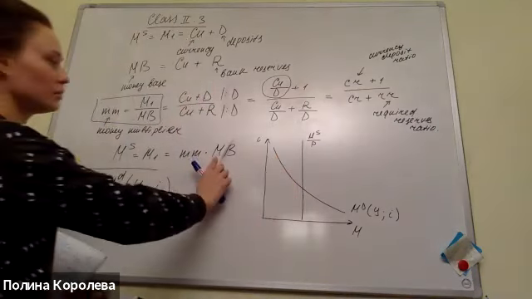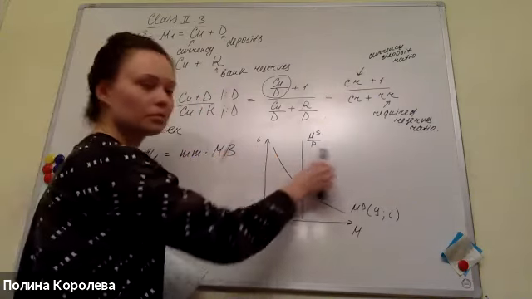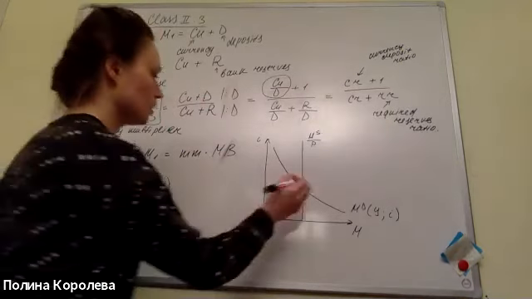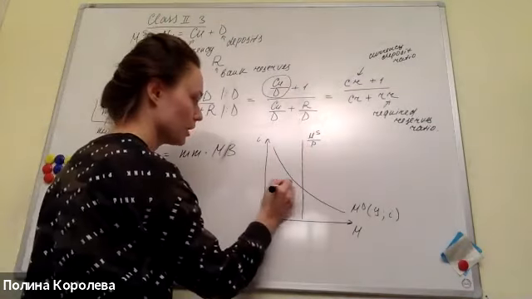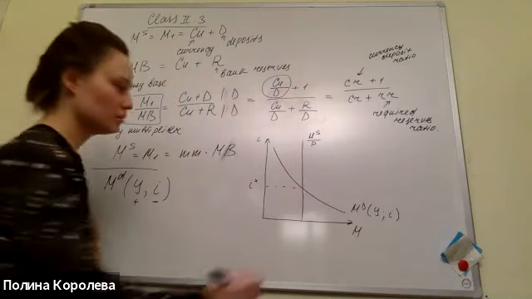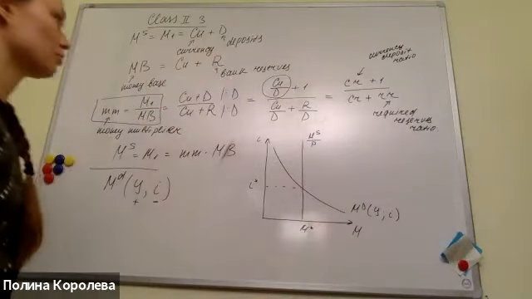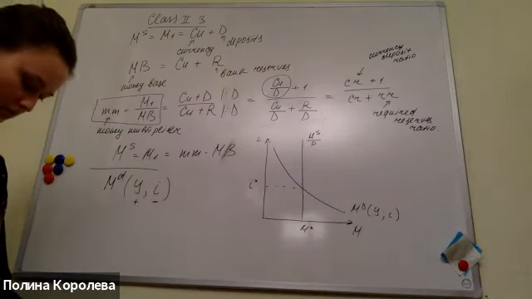The change in monetary base or the change in money multiplier is the shift of money supply. Okay, and when we cross supply and demand, we will have the equilibrium interest rate in the economy, and this is the equilibrium amount of money. Good. I think that's all that we need.